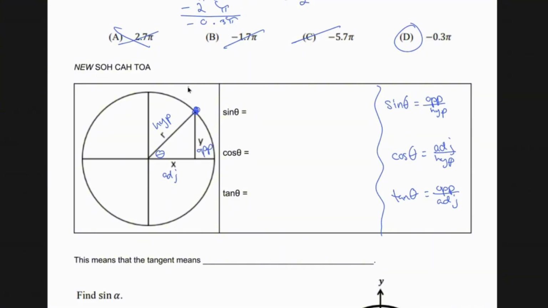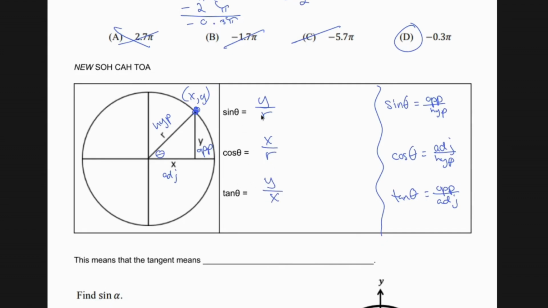So if I were to view this as a point, x, y, on a coordinate plane, then sine theta is going to be the opposite side over the hypotenuse, which is y over r. Cosine theta is going to be the adjacent over the hypotenuse, which is x over r. And tangent is going to be the opposite over adjacent, which is y over x.